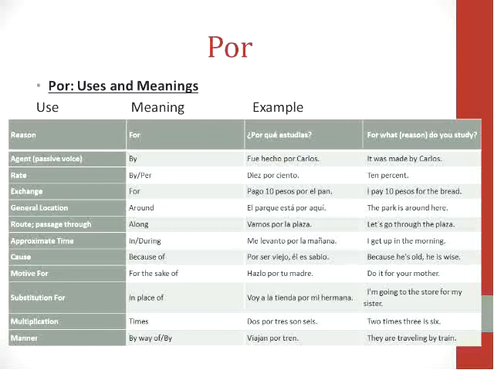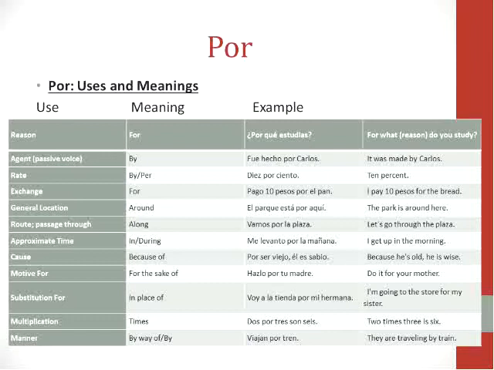Por is used to mean by in an expression like this. Fue hecho por Carlos. You would use por. It was made by Carlos. When you want to indicate a rate, you would say 10 por ciento, 10 for 100 literally, or in our translation, 10%.